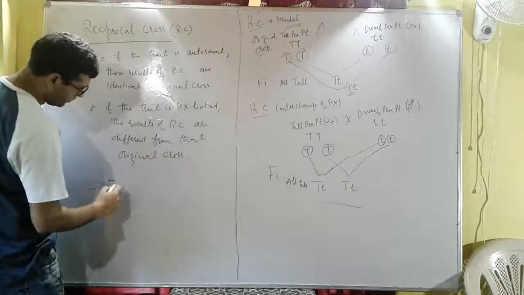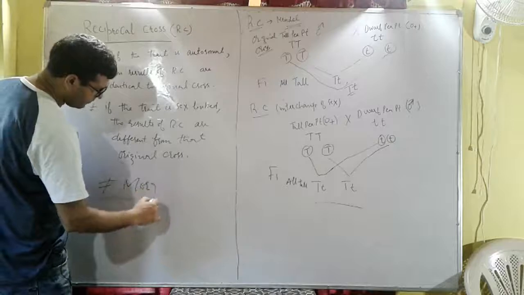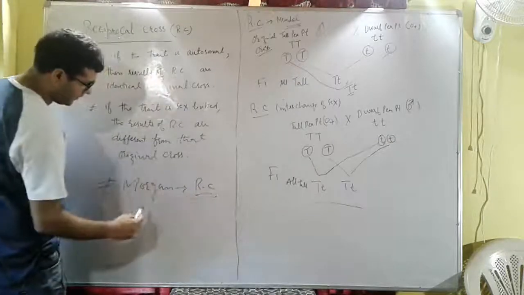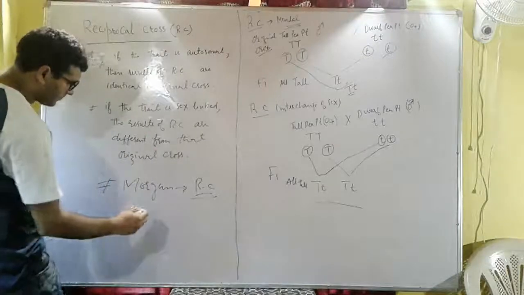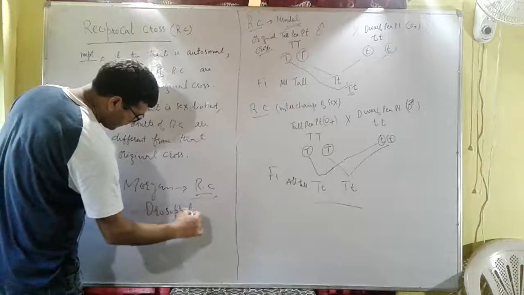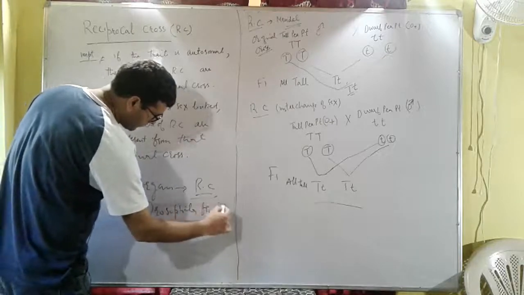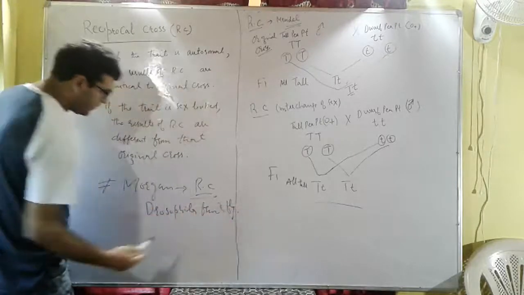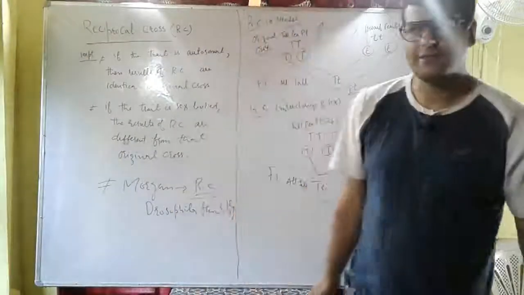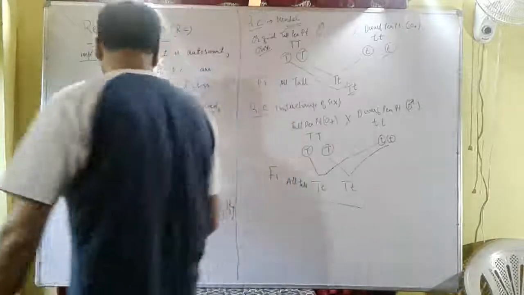And this was suspected for the first time by Morgan, and he performed a reciprocal cross in Drosophila, the fruit fly. He said that there is a trait, eye color, and it is located on the sex chromosome.